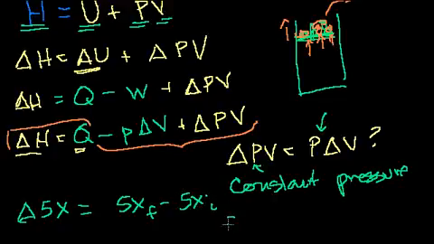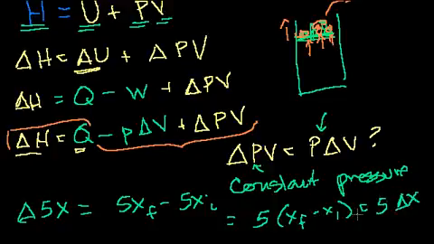And that's just equal to 5 times x final minus x initial, which is just equal to 5 times the change in x. It's almost too obvious for me to explain. Sometimes when you over-explain things, it might become more confusing. The 5 is just an analogy for a constant. So if pressure is constant, then this equation is true.